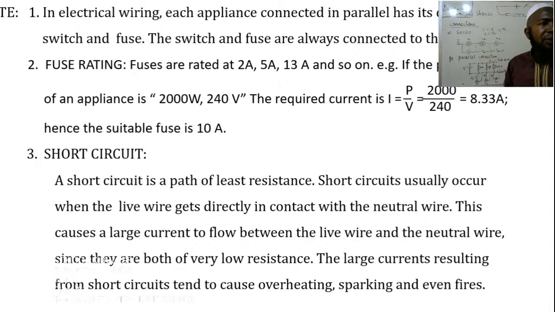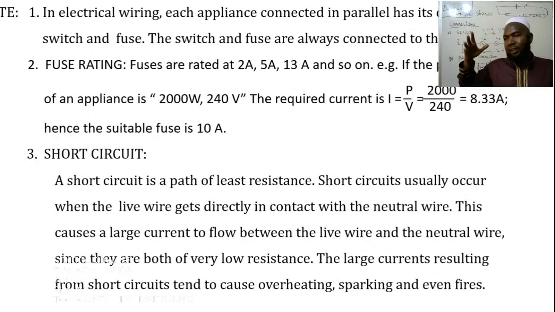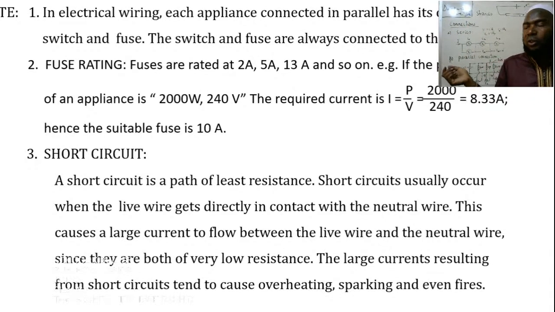So 2, fuse rating. Fuses are rated at, you may have a 2 ampere fuse, 5 ampere fuse, a 13 ampere fuse, a 15, a 30, a 50, depending on the appliance that you want to use. If you want to use a flat iron, then we get a socket. You make a socket that has a fuse related to the appliance that you're putting there.